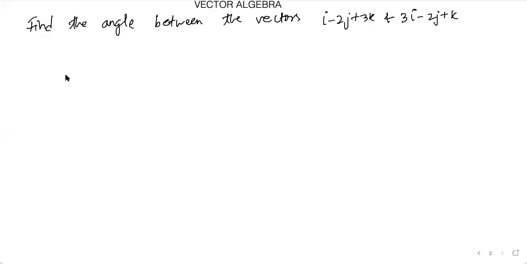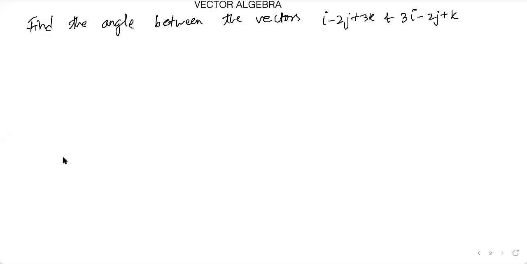Okay, so let us find the angle between the vectors. For this you have to find the magnitude of A and the magnitude of B, and then the dot product of A and B, and the angle theta, which you have to find.